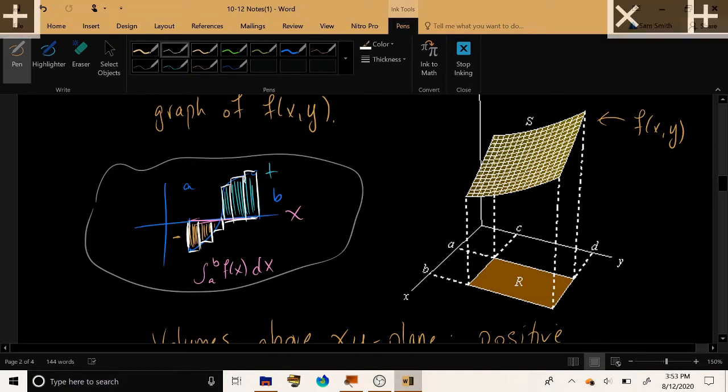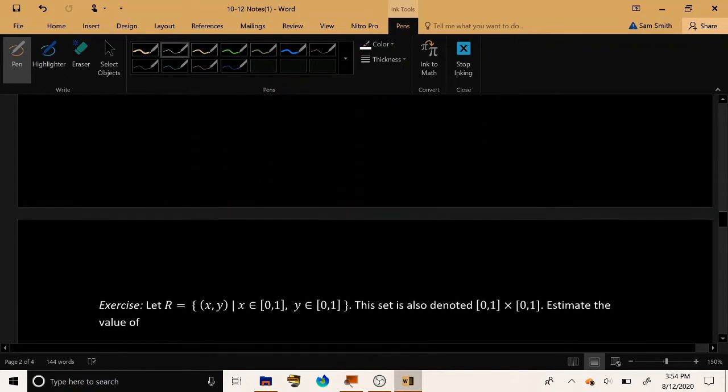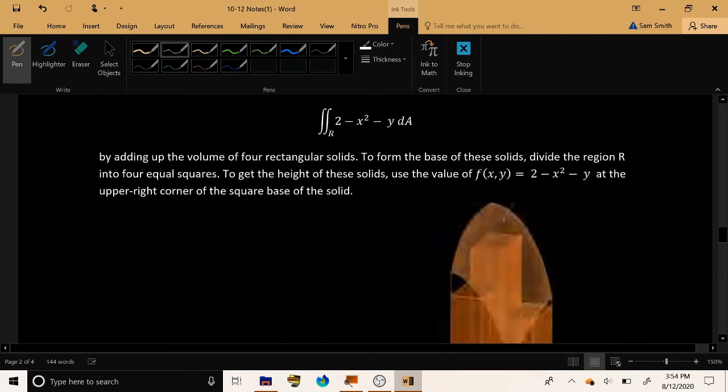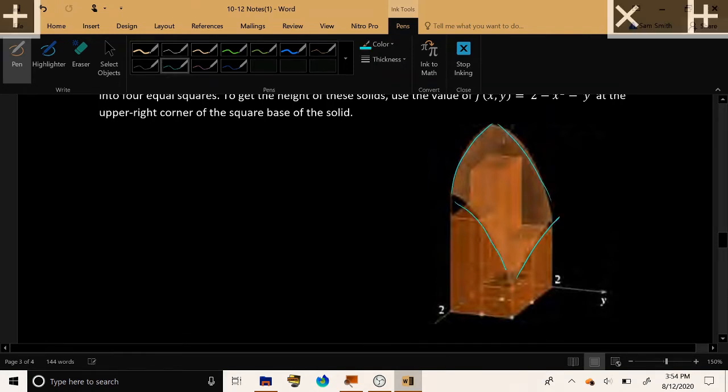Now, rectangles are two-dimensional objects, and their three-dimensional equivalent is something called a rectangular solid. So what we're going to do in the next example is indicated by this extremely blurry scanned image over here from your textbook. Here on the top, we have the graph of some surface f of xy.